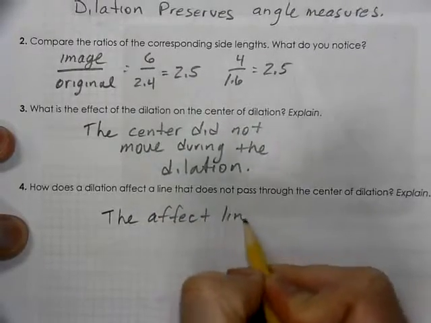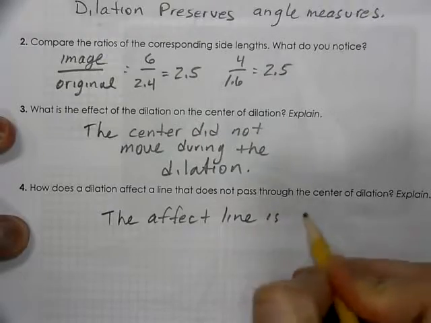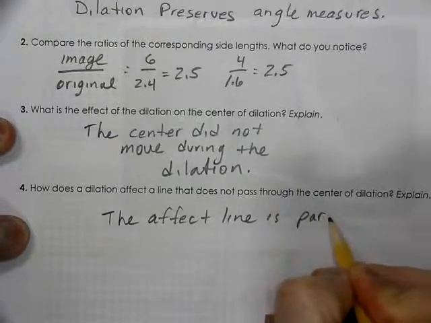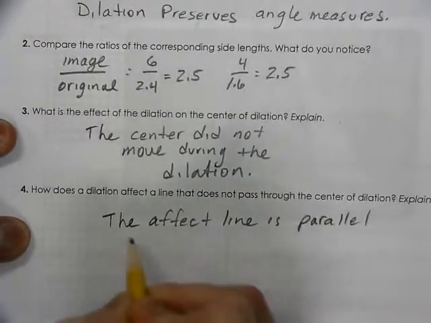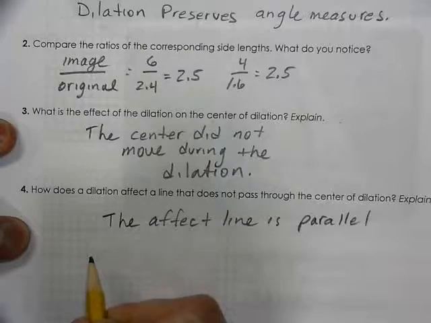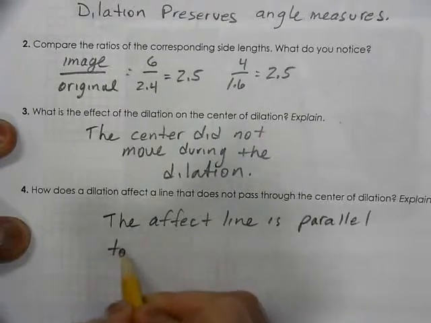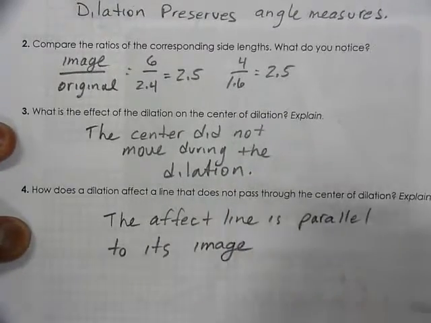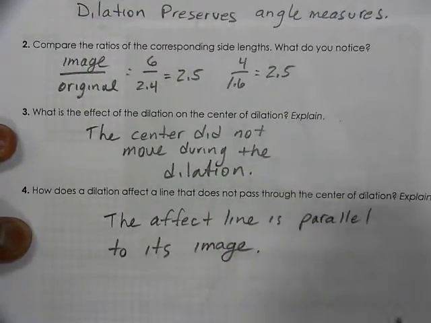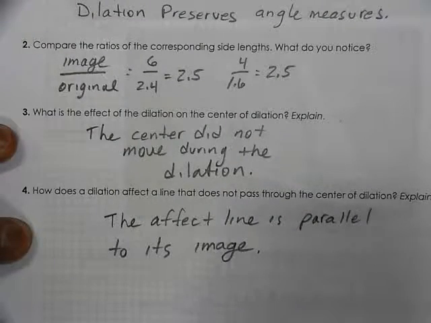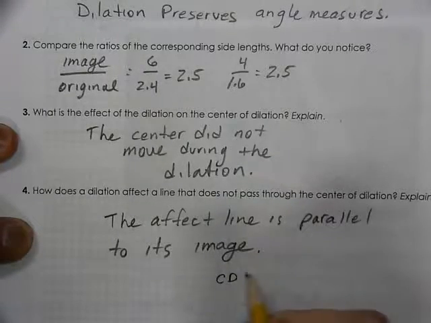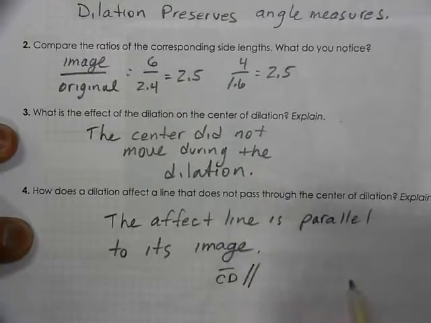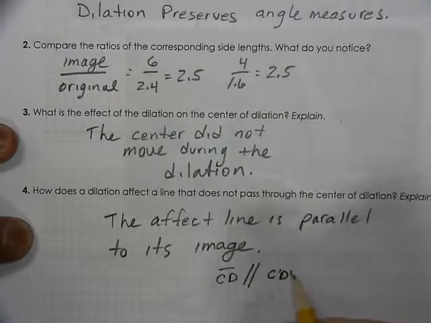The affected line is parallel to its image. Let's say the affected line was CD, so its image was C prime, D prime. They're going to be parallel to each other. CD is parallel to C prime, D prime.